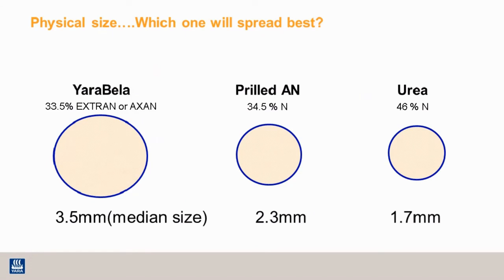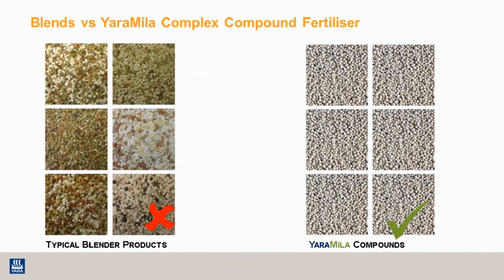So typical raw materials used in blends are often ammonium nitrate, which is 33.5 to 34.5% N, DAP, diammonium phosphate, which is 46% phosphate, MOP, muriate of potash, which is 60% potash, and ammonium sulfate containing 60% sulfate. Often these are not physically compatible and can segregate, and obtaining a good spread pattern will be difficult.